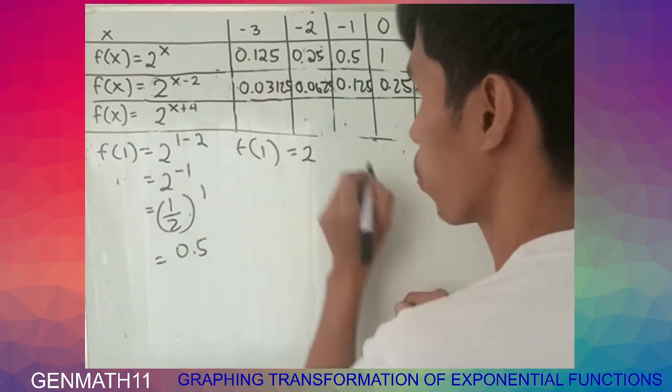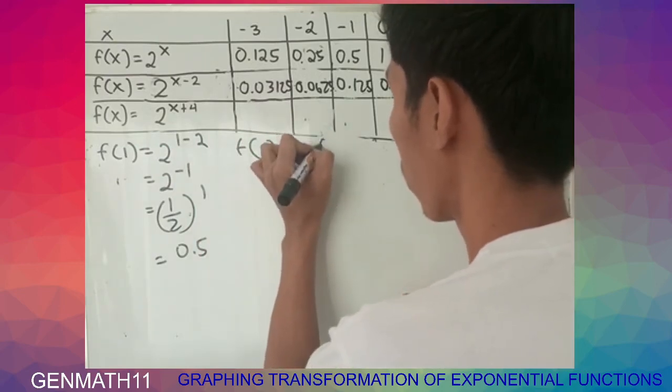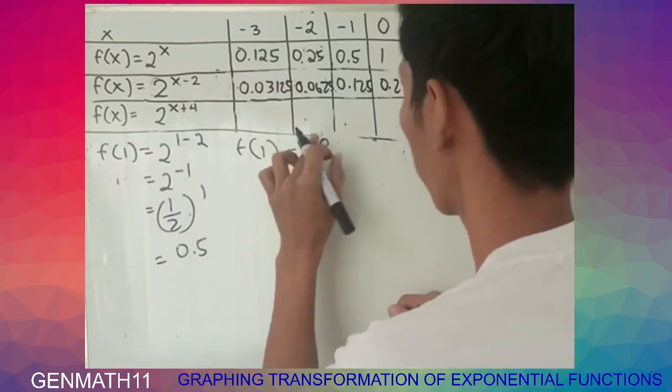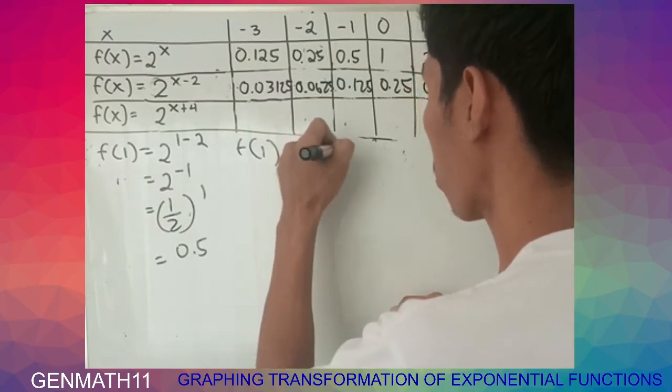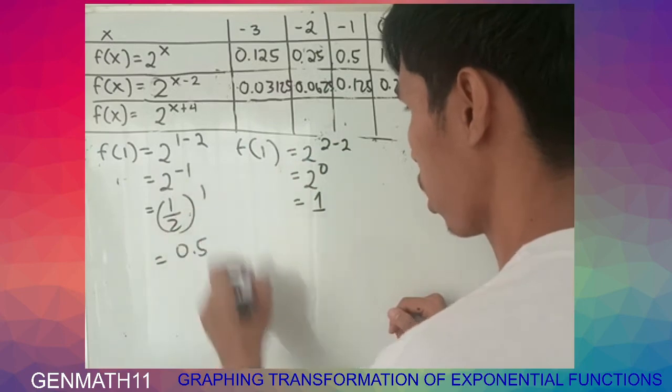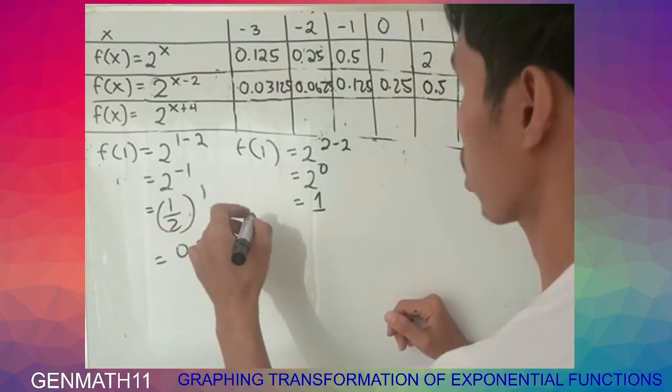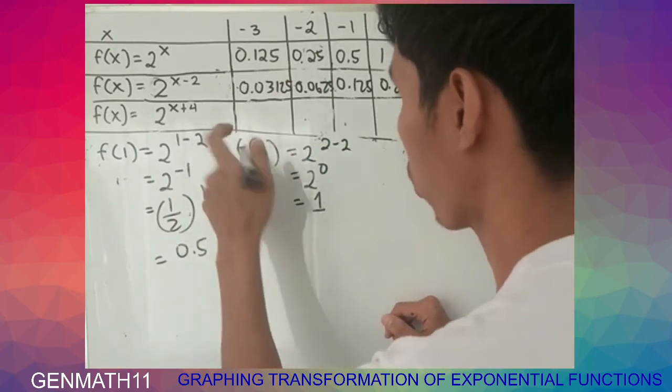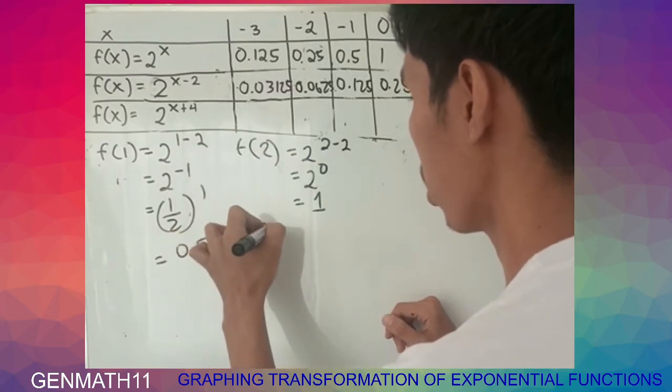2 raised to 0, ito na pala. 2 minus 2, 2 to the 0 power equals 1. Then, the other one is 2. Then, the other one is 3.